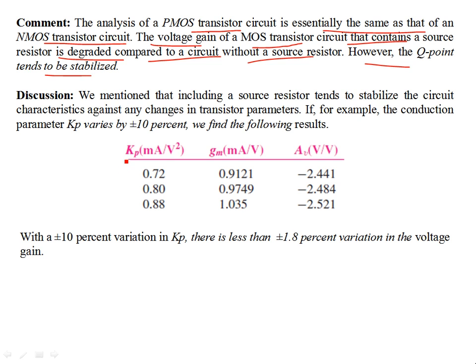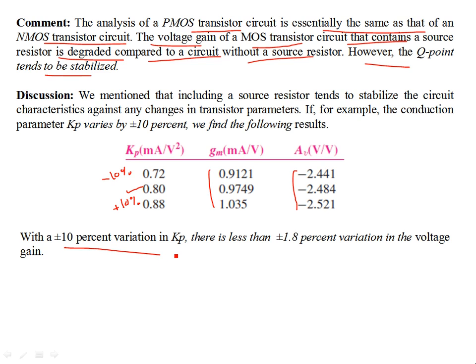The discussion is as such: your KP nominal value was 0.8. If you reduce this by 10%, or increase this by 10%, first of all, your transconductance parameter in terms of amps per volt doesn't have much variation. Then you consider the voltage gain. The variation is even less than 2%.